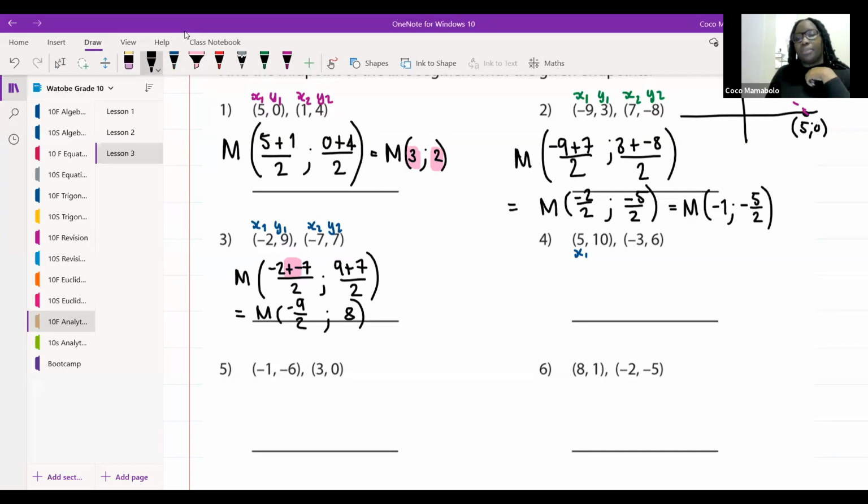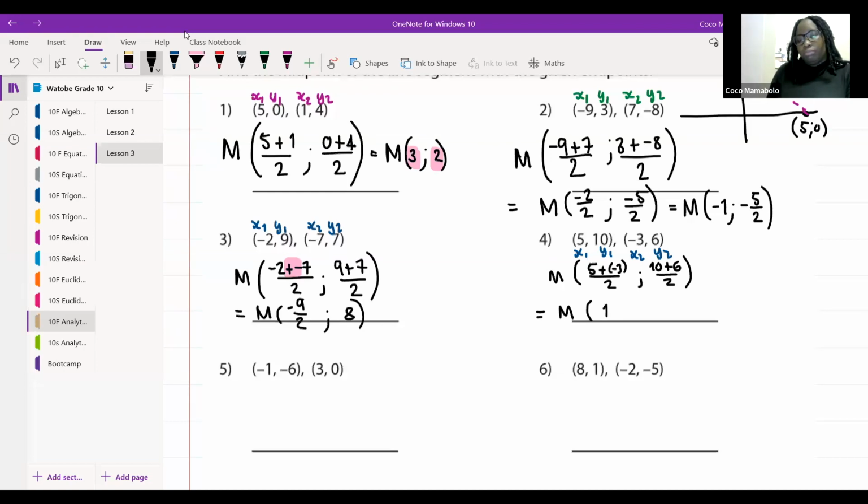Okay, tell me, what am I going to write? Firstly, x1 is 5 and x2 is -3. Excellent. I'm just going to name these, it makes it so much easier. It's 5 plus -3 in brackets divided by 2. Well done. Then a semicolon, then 10 plus 6 divided by 2, which will equal M. Give me my answer. The answer is 2 over 2, which is 1.